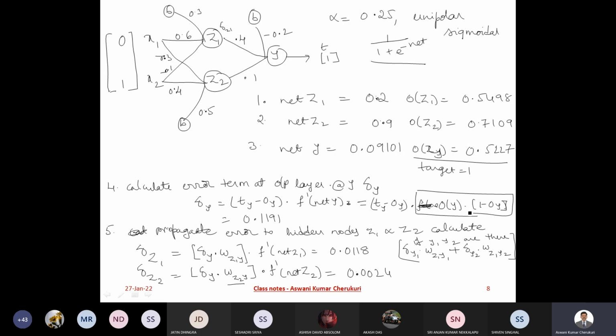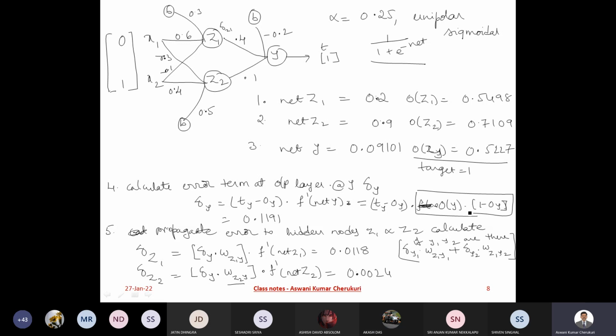Accordingly you have to write the error calculation. From an examination point of view, we are going to use either unipolar sigmoidal or bipolar sigmoidal, so just remember the corresponding f dash. Any doubts? The other students, are you able to follow?